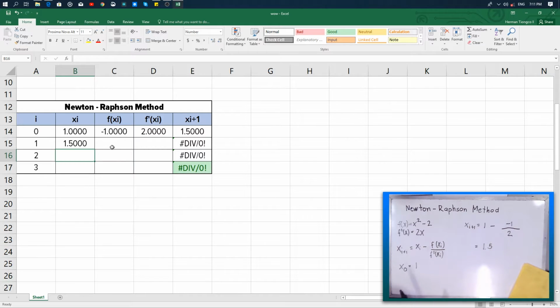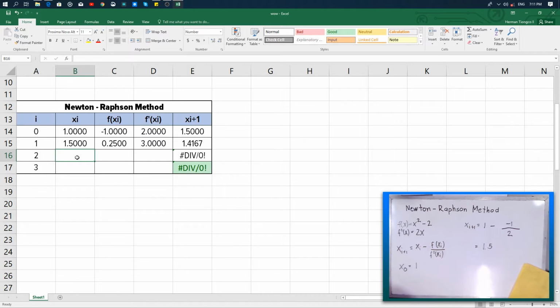So we will be inserting again the value of x sub i into the f of x, so we can find the f of x sub i. 1.5 squared minus 2 is equal to 0.25. F prime of x sub i is equal to 3. Therefore, we will arrive at x sub i plus 1 is equal to 1.4167.